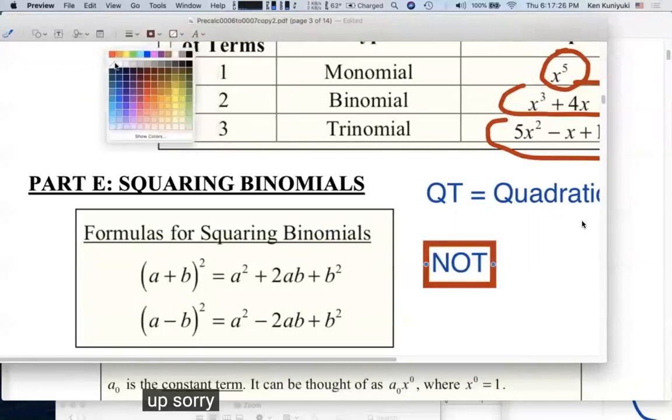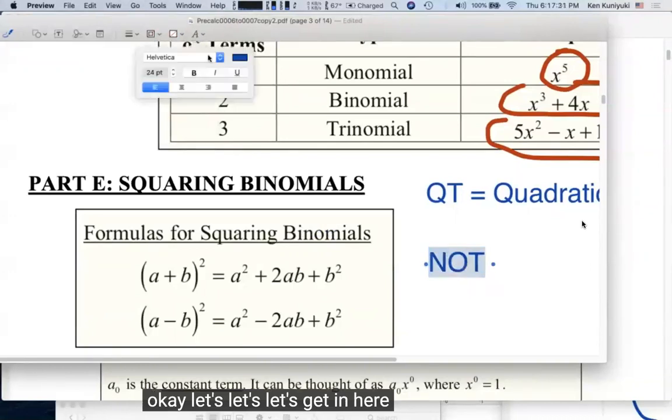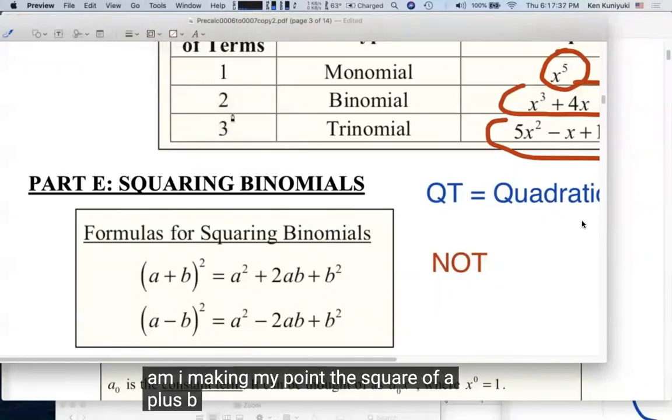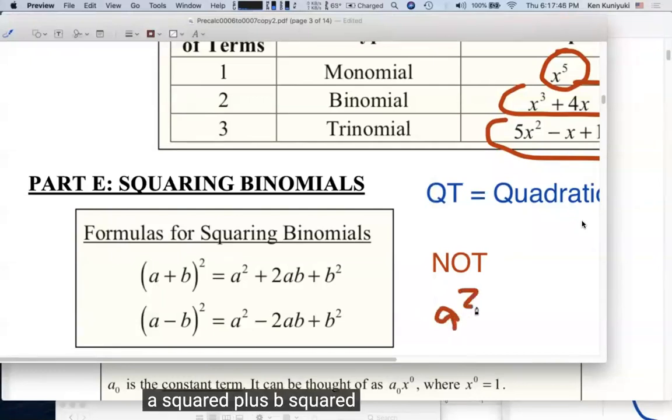Sorry. Okay, let's get in here. There we go. Not. The square of a plus b is not a squared plus b squared.